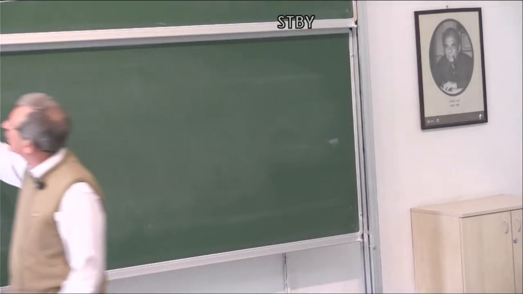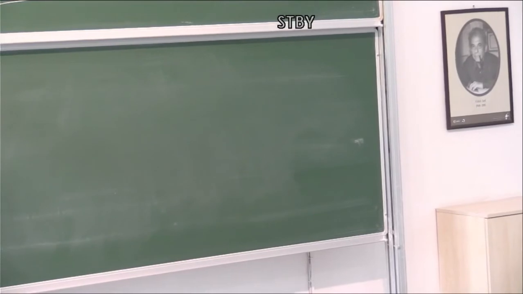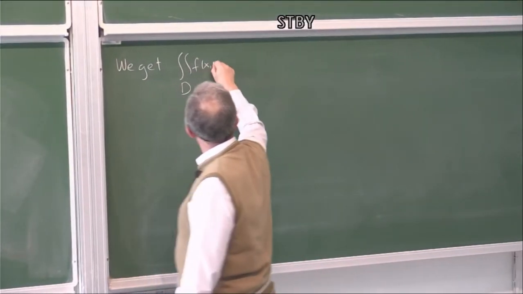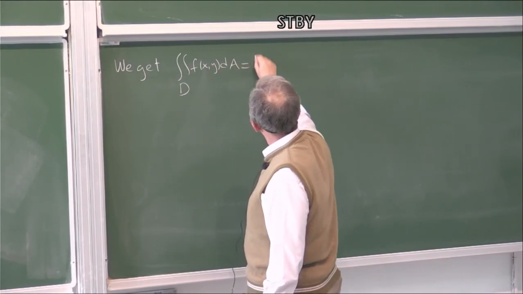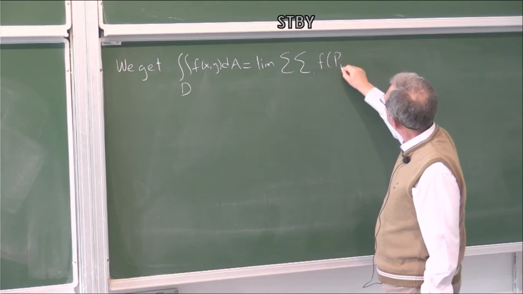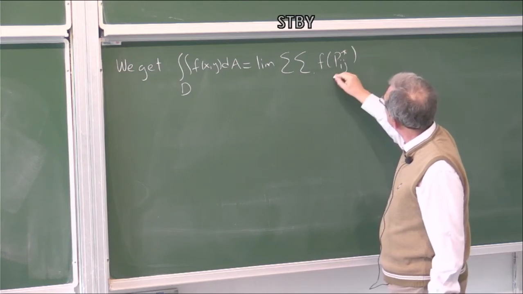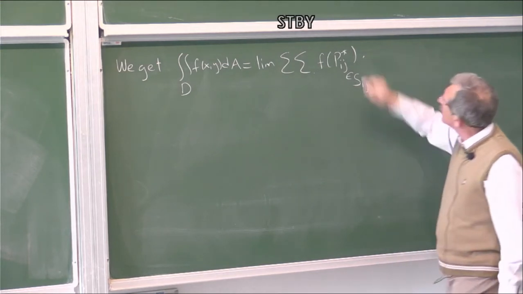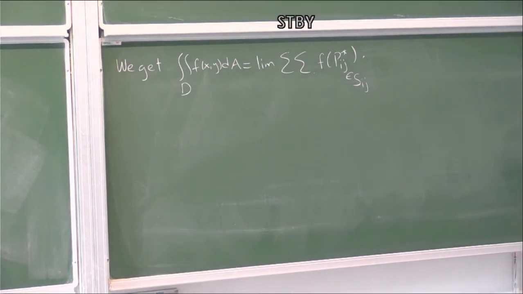So we get then the limit of a double sum where we have f(p_ij stars). Here these belong to S_ij's, times the area of S_ij.